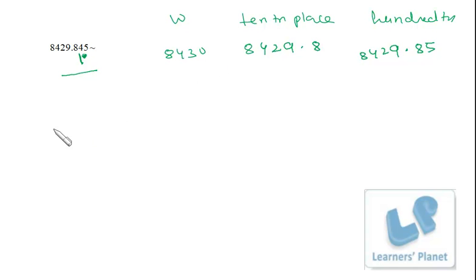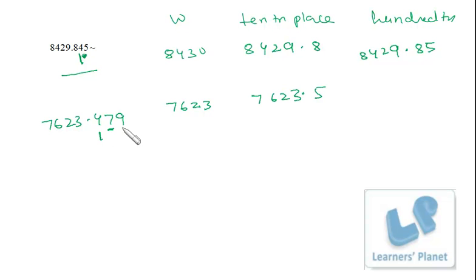One more I take, 7623.479. Nearest whole number. See the first number after decimal, it is less than 5, so copy this as it is. Nearest 10th, the second digit after decimal is more than 5, so add 1 over here. 7623.5, and do not write the next numbers.